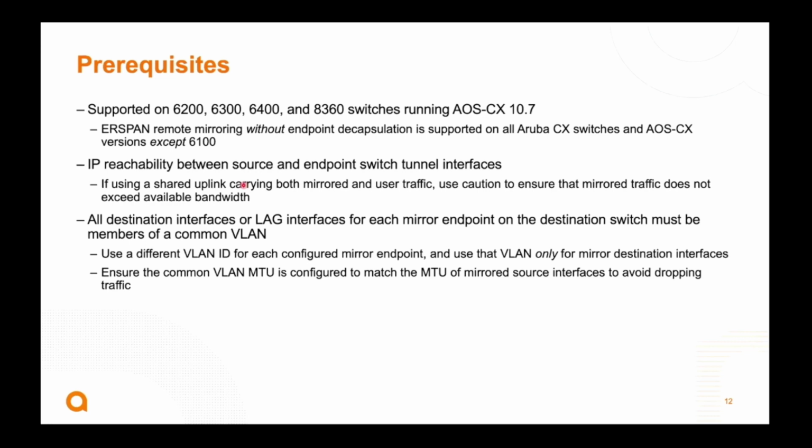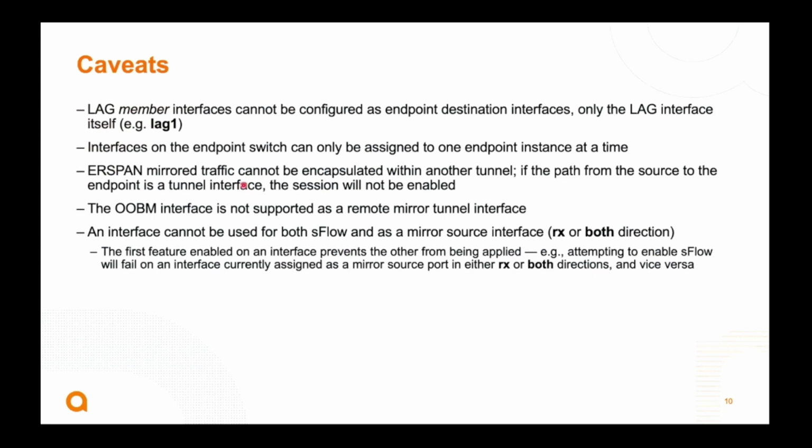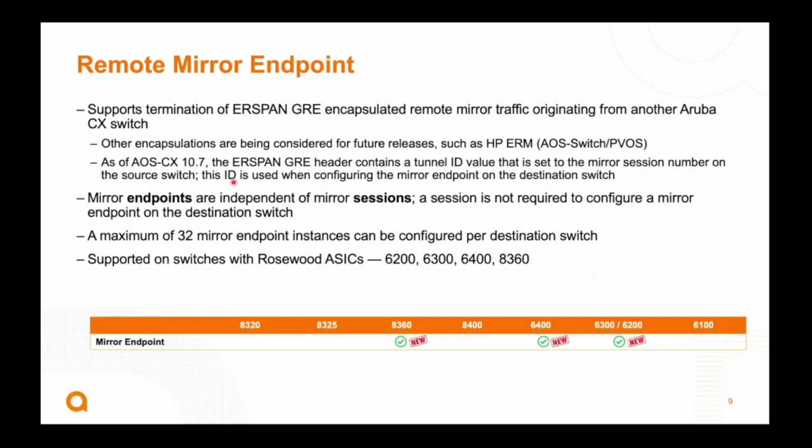AOS switch uses a protocol known as HPERM, encapsulated remote mirroring, which is a completely different format, which CX does not support as of 10.7. As I mentioned in the details page, I'll go back to that slide. We are considering different encapsulation formats in future releases, but the only encapsulation supported in 10.7 is ER-span GRE, which is what CX itself uses. Perfect, thank you.